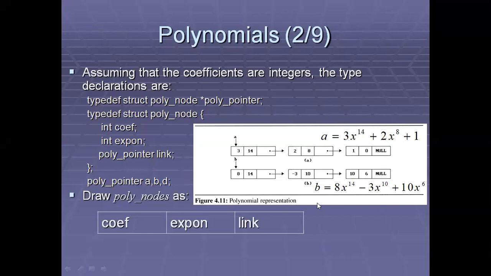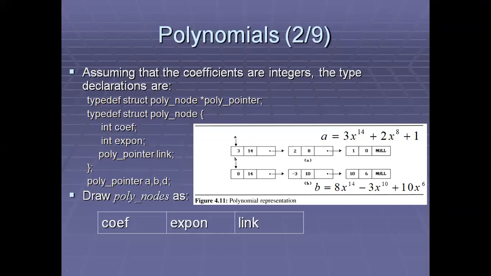So you can see. In the same way, here also B is equal to 8 into x power 14. So 8 I kept in the first part, 14 I kept in the second part. The third part is the address of the next node. Again minus 3 x power 10. So minus 3 I kept in the first part, 10 in the second part, and the third part is linked to the next node.